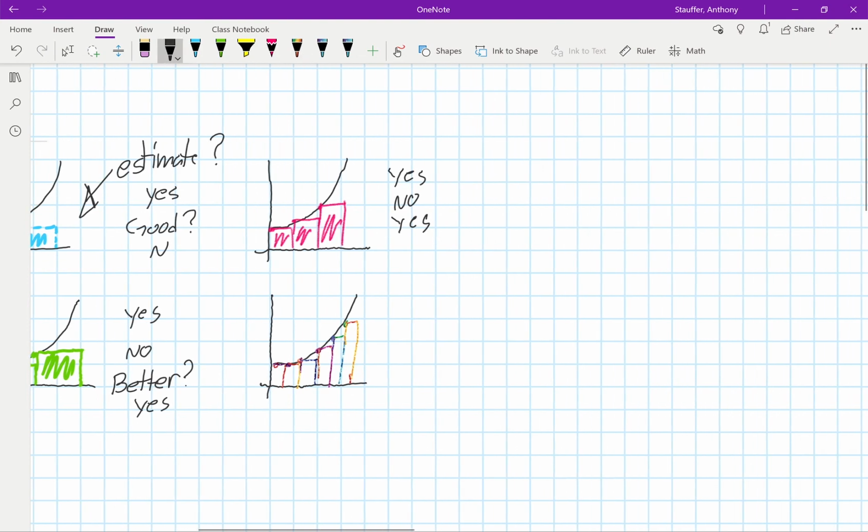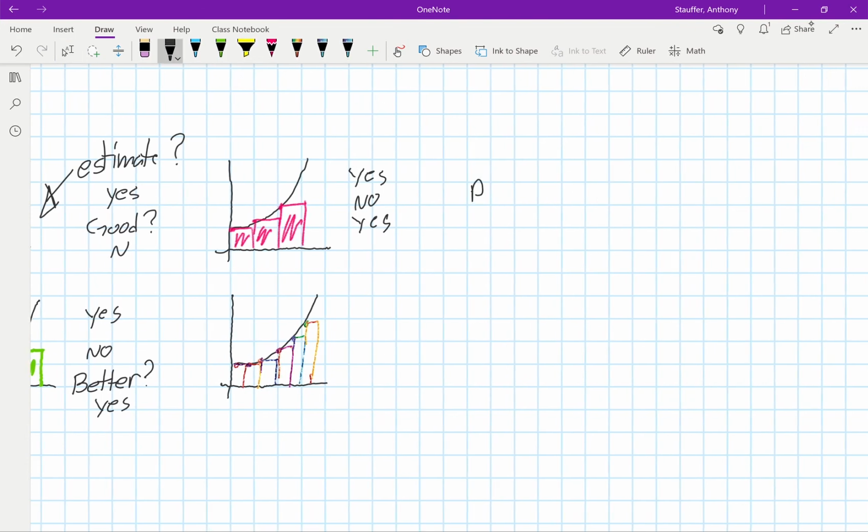So my best estimate would be infinity rectangles. If I could find a way to draw an infinite number of rectangles under this and then find the area of each of those rectangles, that would give me my best estimate.